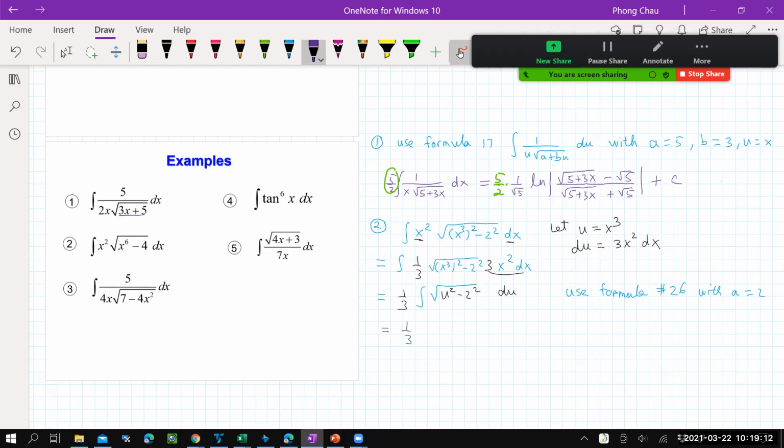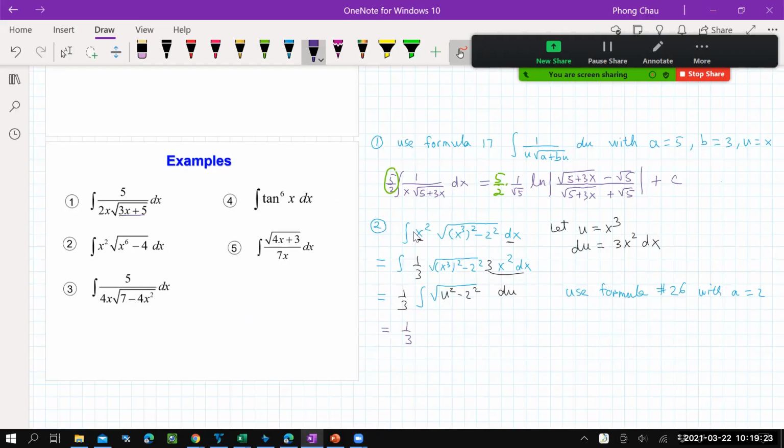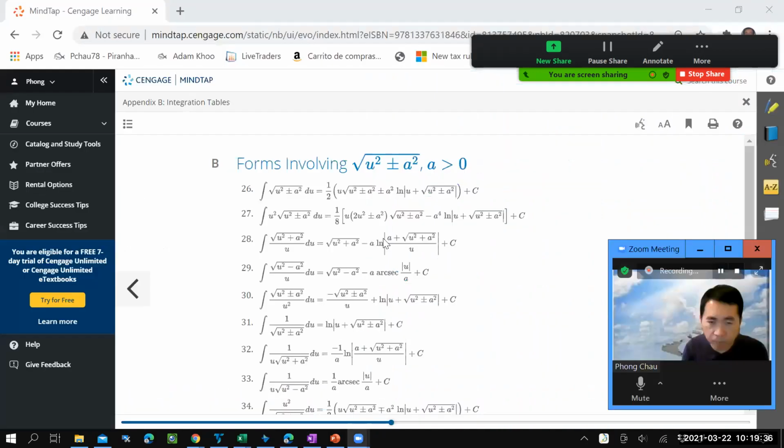See what the formula says: we have 1/2 u square root. So 1/2 from the formula, times the 1/3 from here, and then you have a square root of u and then square root, minus.